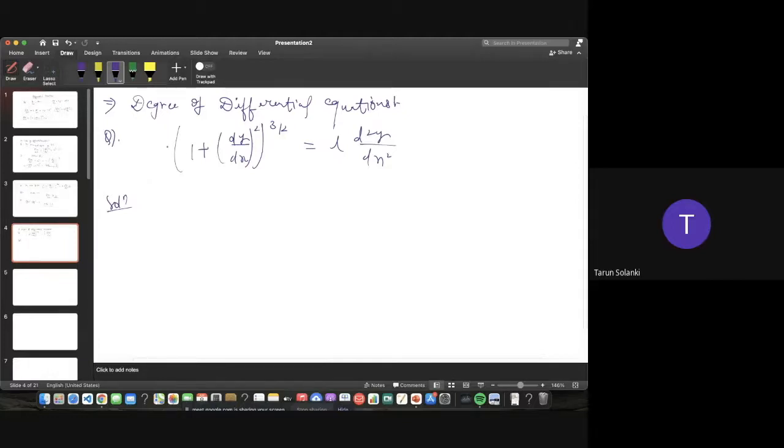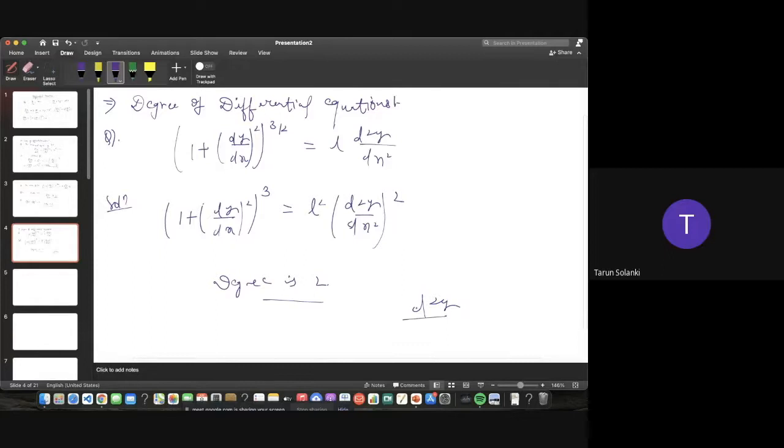Clearly, from the above we can write (1 plus (dy by dx) square) whole cube is equal to L square (d square y by dx square) whole square. So here the degree is 2, because the highest derivative is d square y by dx square, whose power is 2, which is this one.